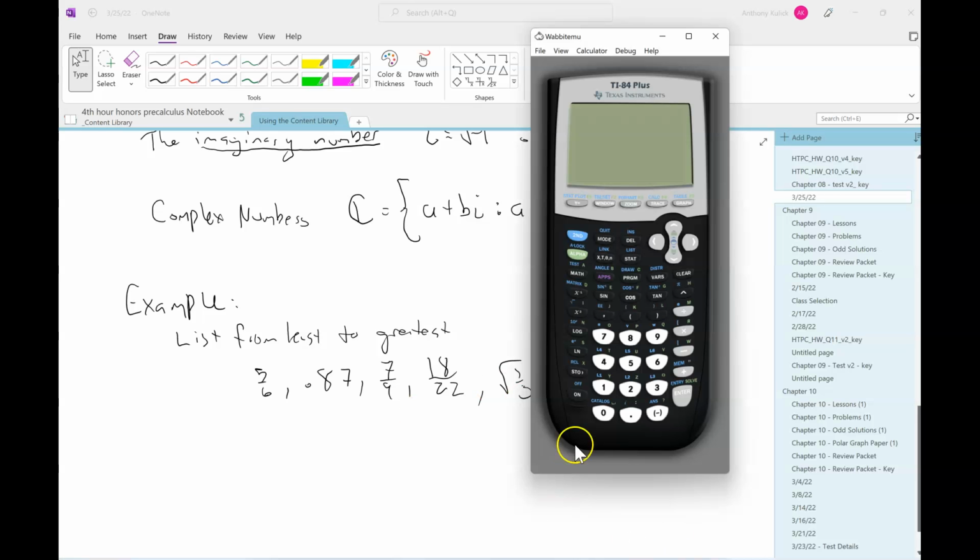That's exactly right. So like 5/6 is this, and 7/9 is this, 18/20 is this, and then square root 1/3 is this.